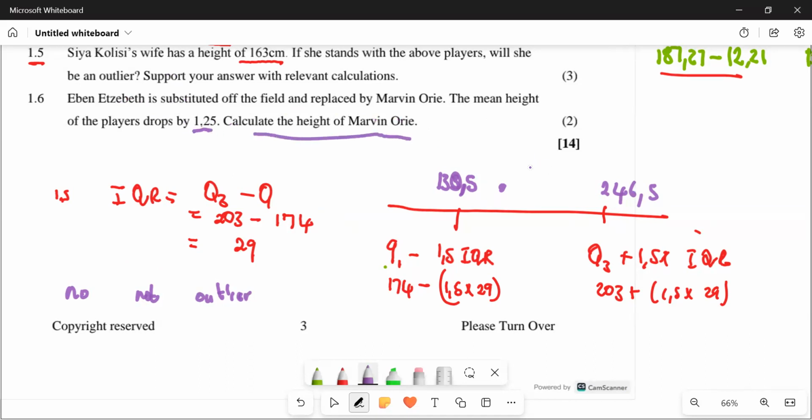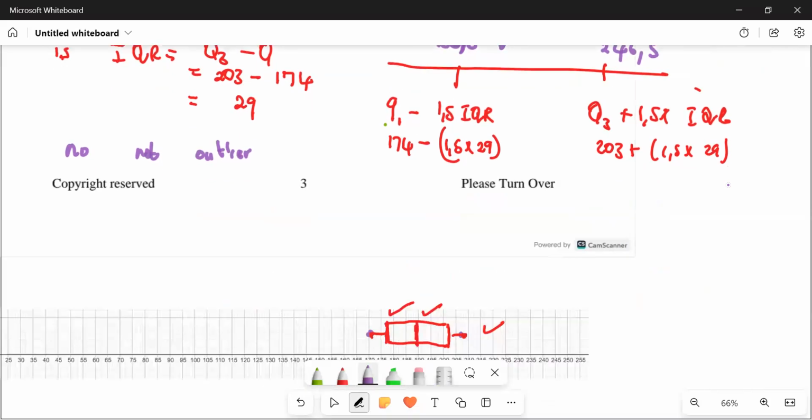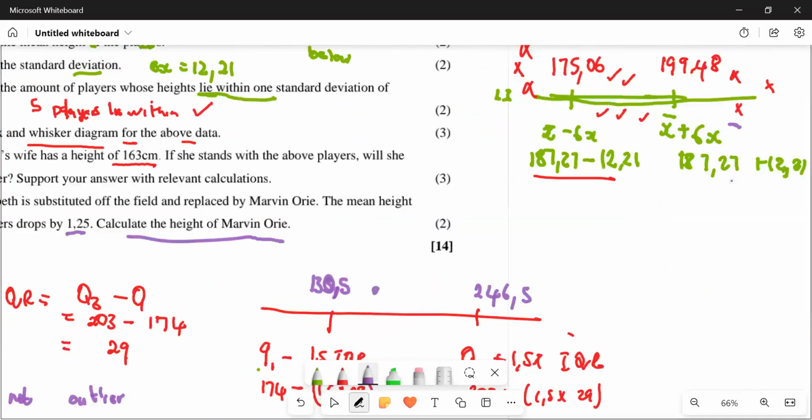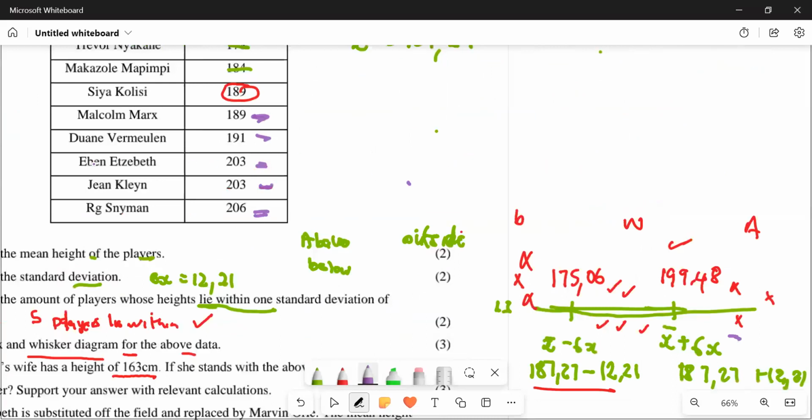Calculate the height of Marvin. So let's remember, how many players do we have in total? We had 11. So let's check here. We're going to cancel Eben. Eben is no longer there. We replaced him with Marvin. Let's write that this one here is going to be Marvin.